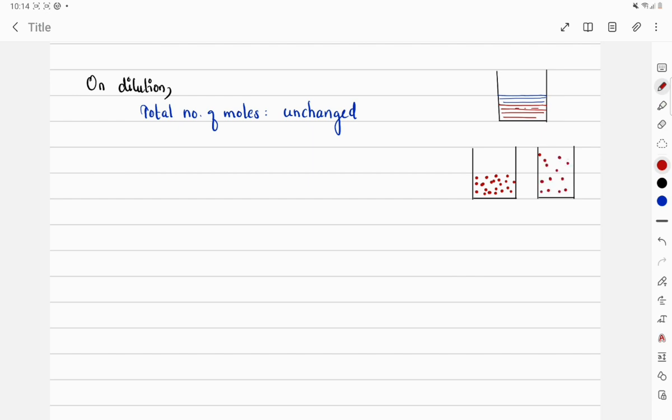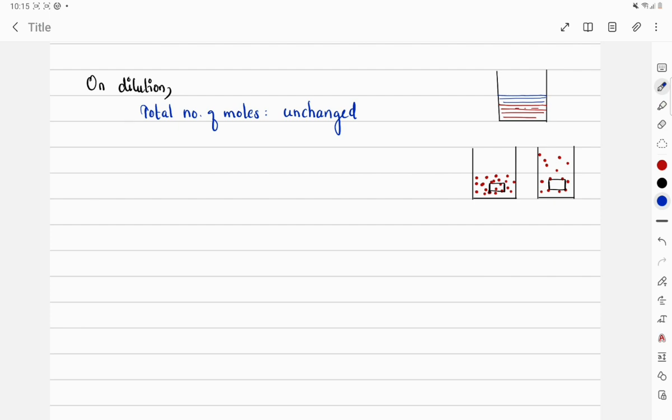But what happens? Number of molecules or number of moles per unit volume will decrease. Initially I had so many moles per unit volume, but in the second case, when I increase the volume, the number of moles in one unit volume will decrease.